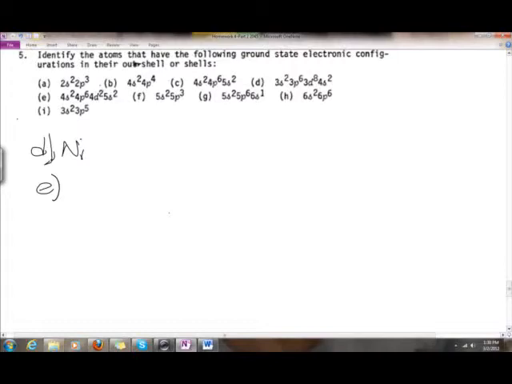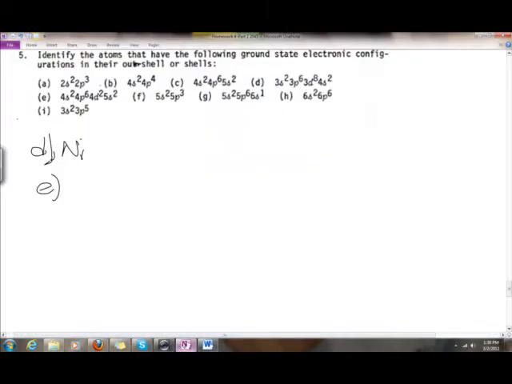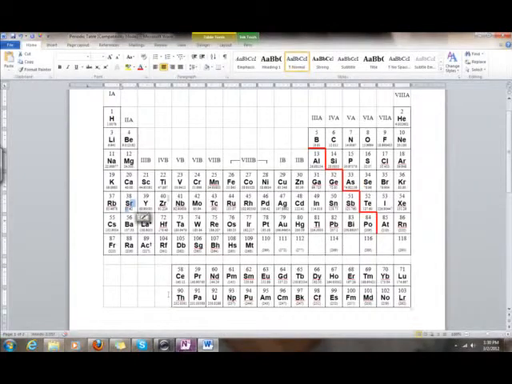But 4d to 5s2, you see before the 5s2 we write the 4d, but it's really a fifth period. 1, 2, 3, 4, 5. 5s2, we have filled the 5s2, and then we go back to 4d2. It is 1, 2, zirconium.